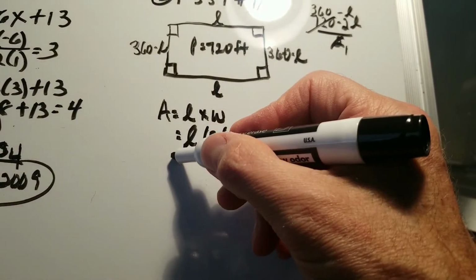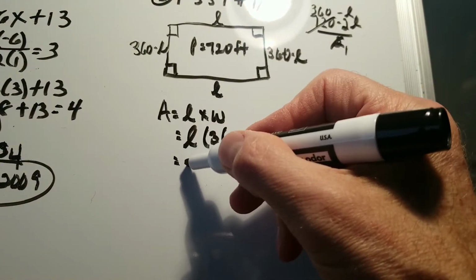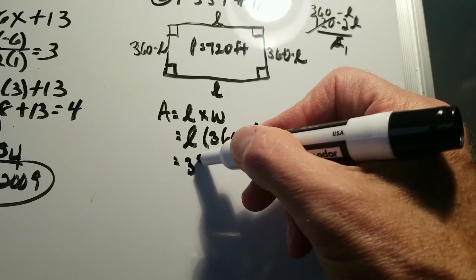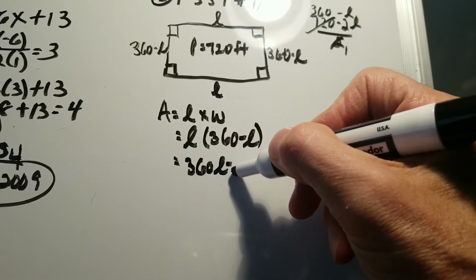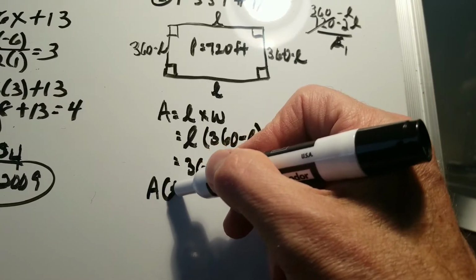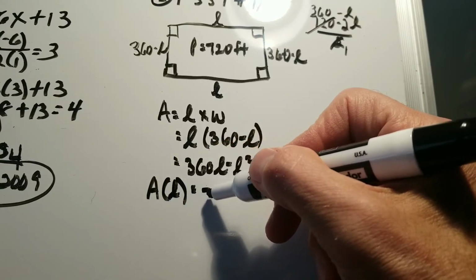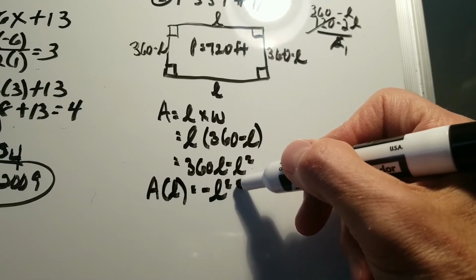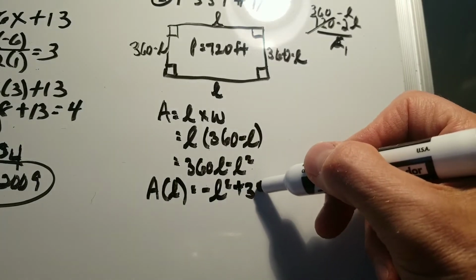And we are going to multiply. We're going to distribute 360L minus L squared. So we now have A of L is equal to negative L squared plus 360L.